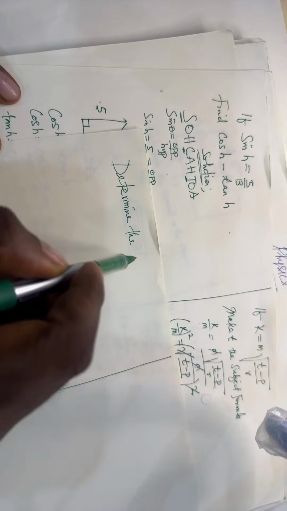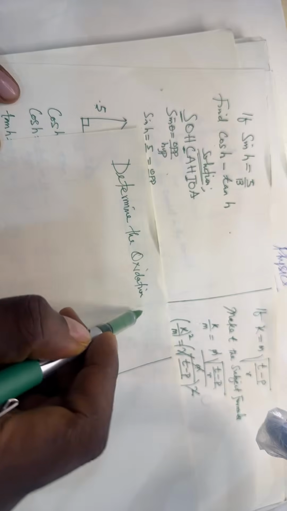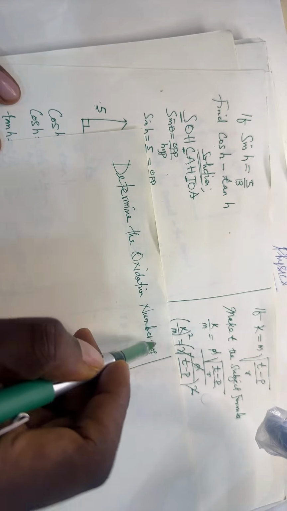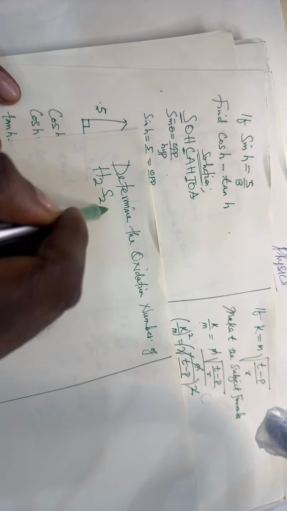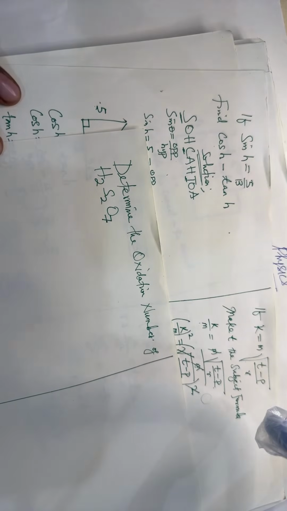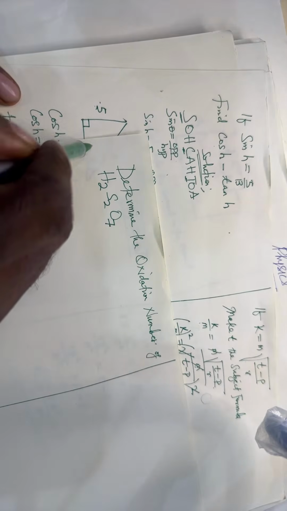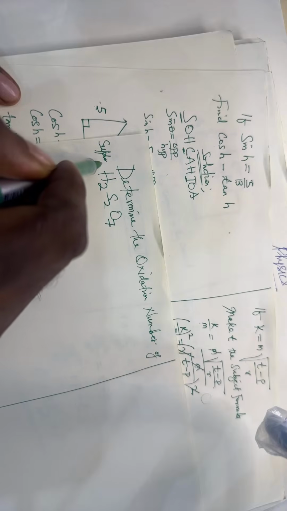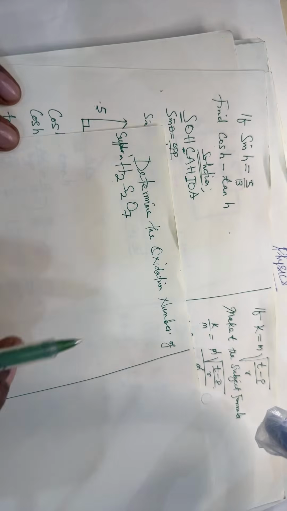Determine the oxidation number of sulfur in H2S2O7.